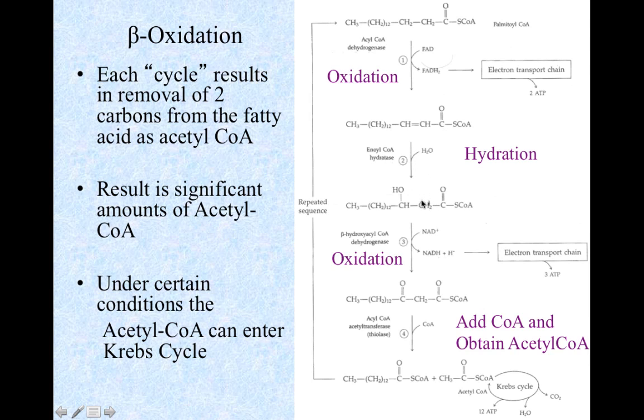And now we have a second oxidation step. This time the electrons that are taken from this fatty acid are added to NAD to generate NADH. Those electrons also go to ETC, just like these did from FADH2.